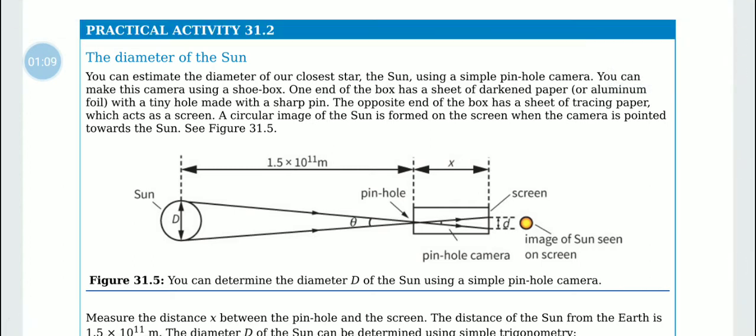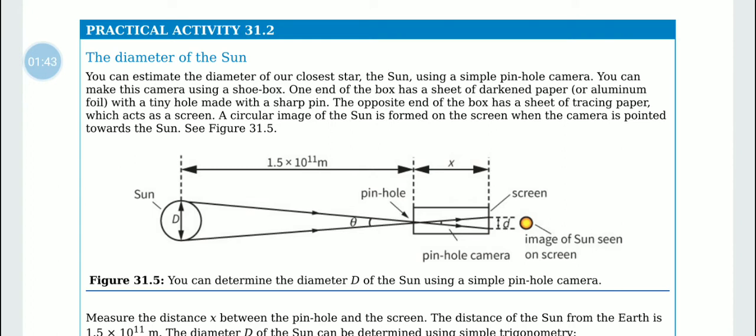So here we develop a pinhole camera. This is something that you have learned before, at O levels. We take a shoe box, and at one end we create a small pinhole, a small hole, and on the other side we place a screen.